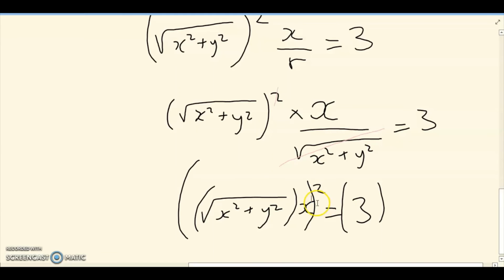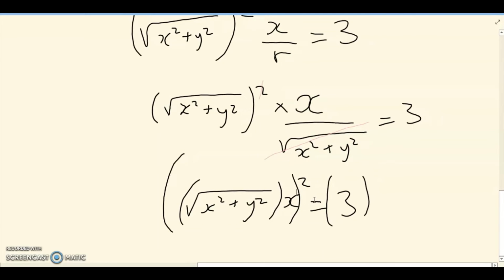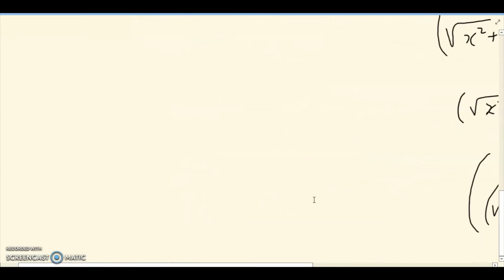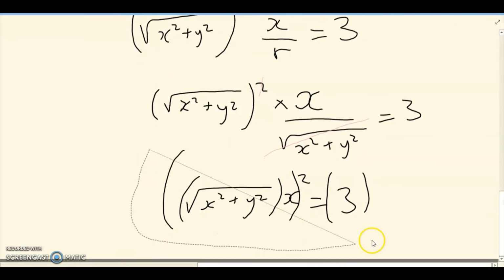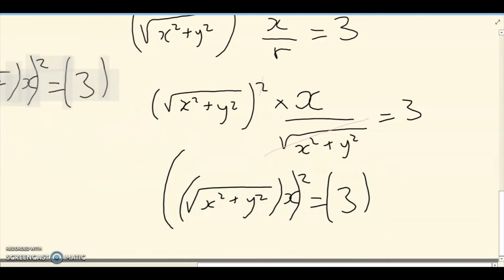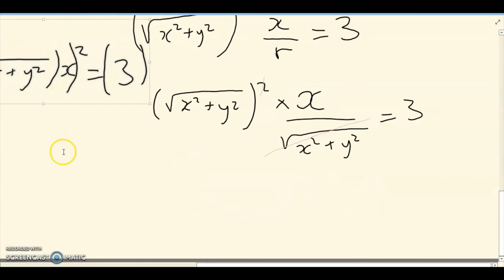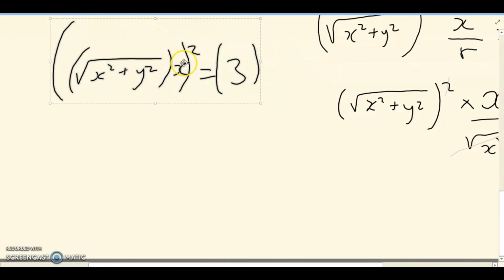Alright, just continue from here. When we introduce squares on both sides, this will be 9 and this will be x squared.